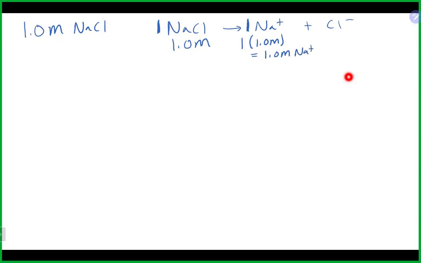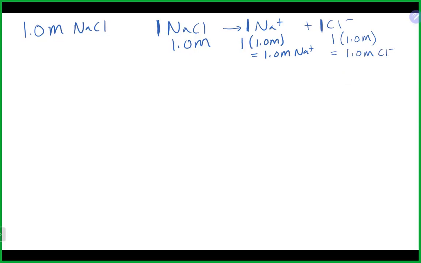If I was interested in the chloride ions by themselves, it is a 1-to-1 relationship between the whole thing and the chloride ions. So we multiply the concentration by 1, and that gives us 1 molar chloride.